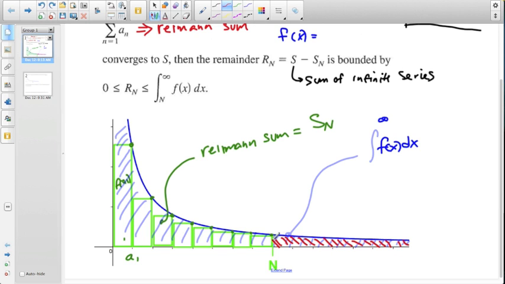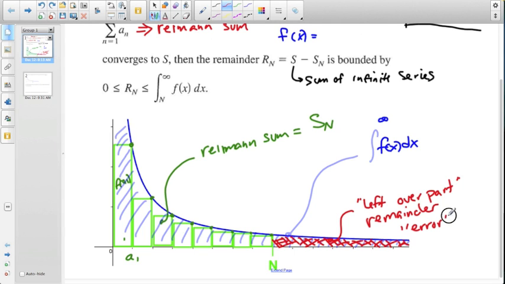This leftover part, or this leftover area, becomes what we call the remainder. Another term they might use is error. It's really the difference between the infinite sum and this partial sum here that we can find by adding up a finite number of terms.